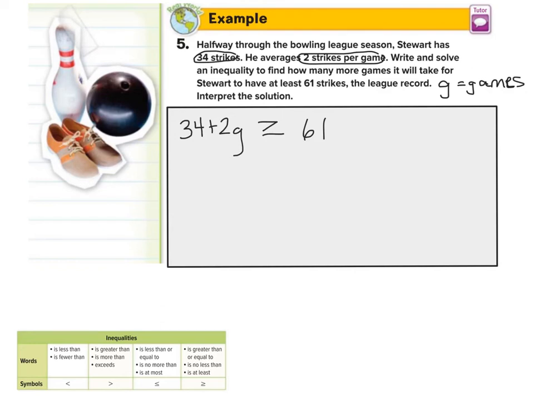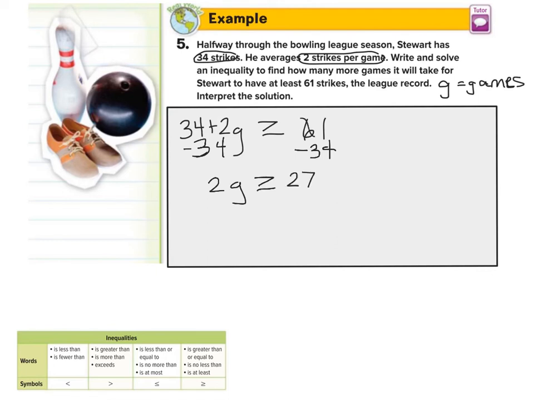Now I'm going to keep going, and I'm going to solve for g. So subtract 34 on both sides of the inequality. 2g is greater than or equal to 61 minus 34. So 61 minus 30 is 31. 31 minus 4 is 27.